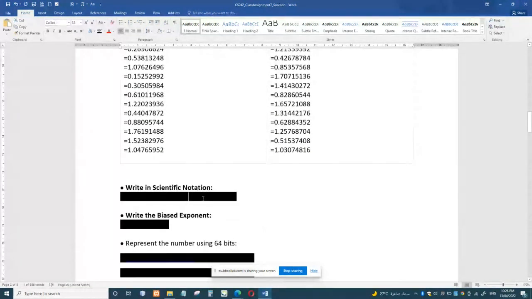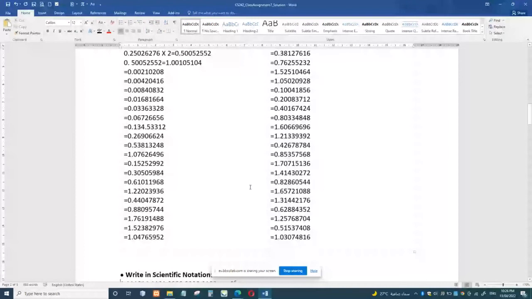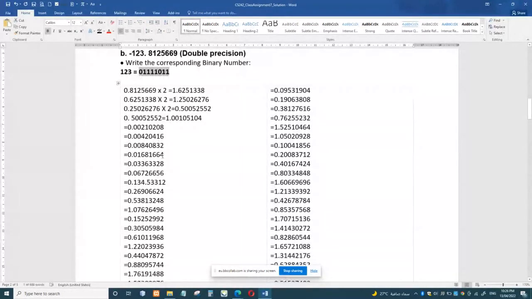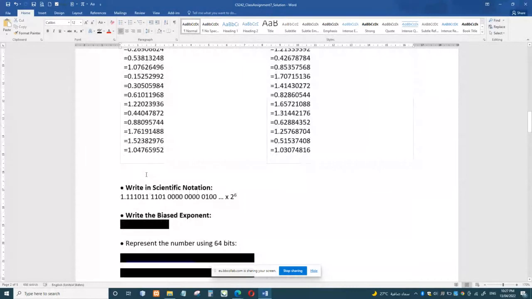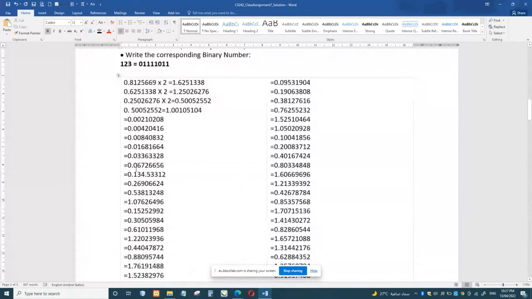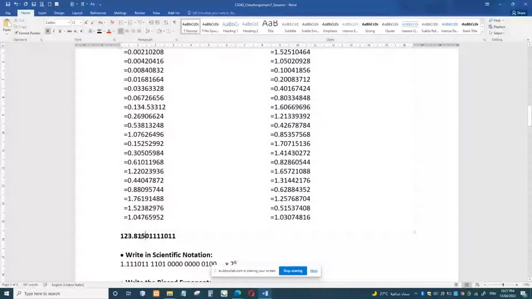So what we are going to do now is write in scientific notation. First of all, this is your 123. So this number is 123.8125.